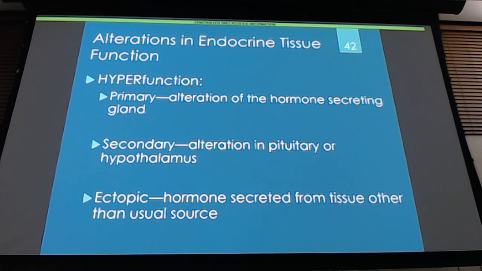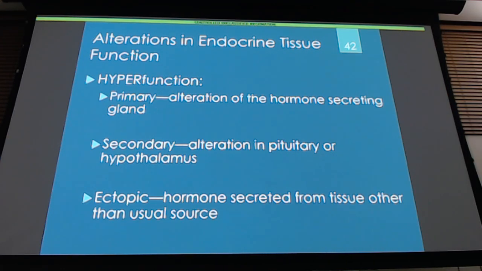Let me read this. Okay. When I say something is secondary hyperfunction, the problem is in the pituitary. If I say it's a primary hyperfunction, then the problem is in the actual gland, so the adrenal glands or the thyroid gland, okay?